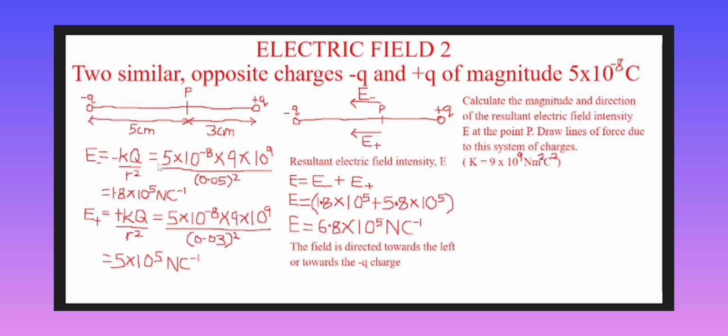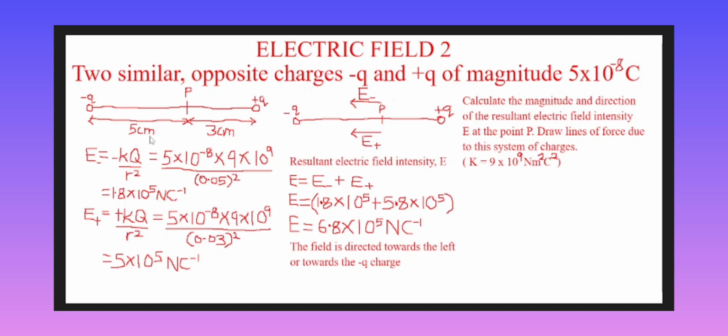Okay, either you use capital letter Q or you use small letter q. The basic thing is for you to know what you have used it to represent. So in this case, our capital letter Q is also the small letter q that I have in the diagram. Then our R will be the distance between the minus Q charge and point P, and that is 5 centimeter.